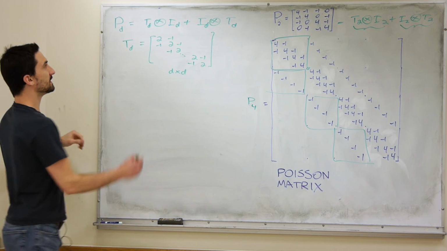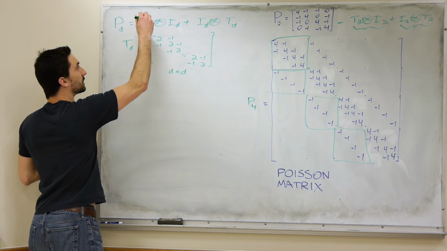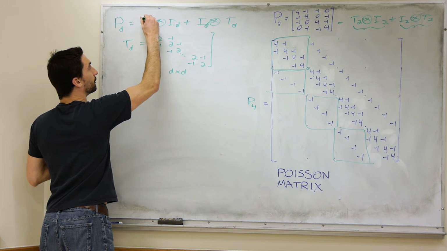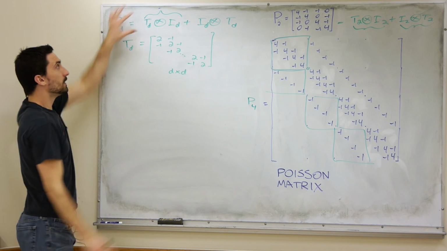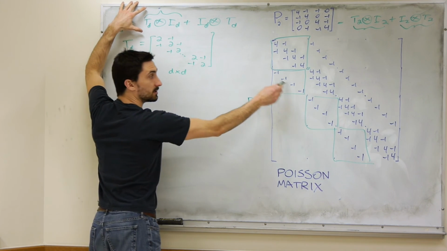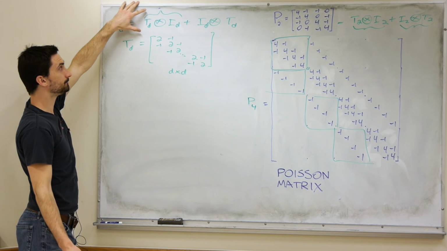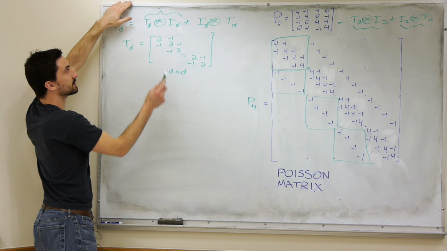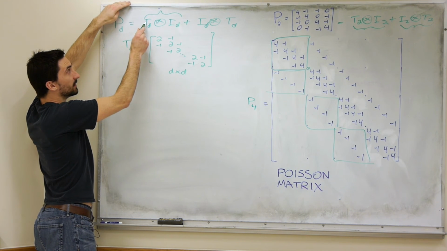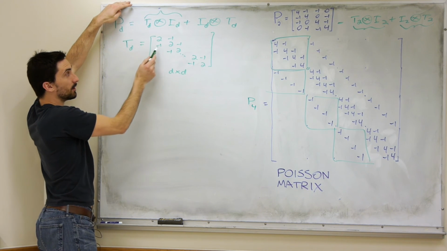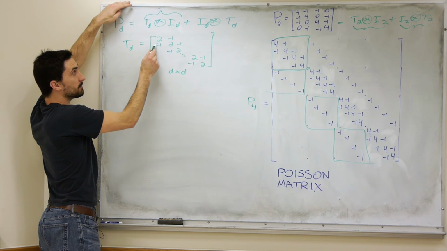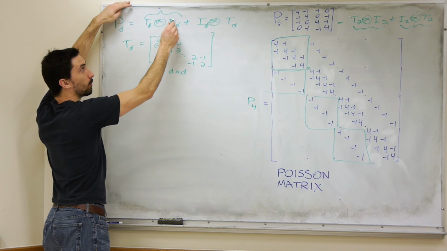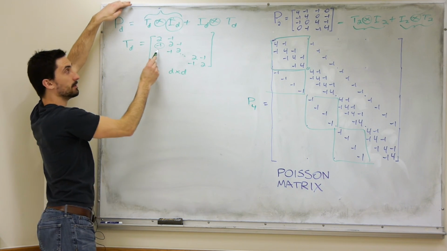So you can see that this term is where we get these negative ones on the off diagonal, because the off-diagonal entries of T are -1s, and in the position of each -1, we're putting an identity matrix times -1.